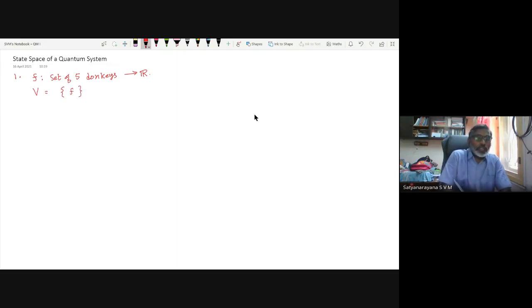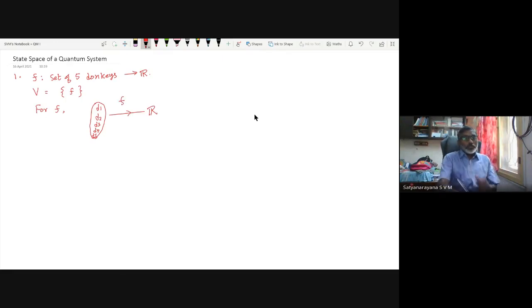For a function f, the domain is the set of 5 donkeys: donkey 1, donkey 2, donkey 3, donkey 4, and donkey 5. And the codomain, where the function is going, is the reals.